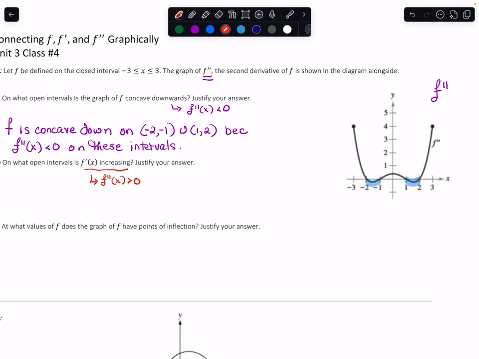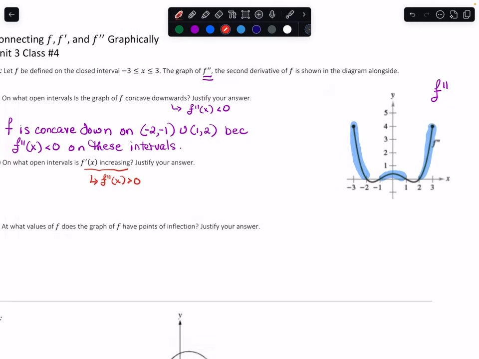Very important. So if I'm looking at the graph of f double prime, where would its graph be positive? Well, where the graph is above the x-axis. So this piece in the middle, and then the right piece. So 3 different intervals.